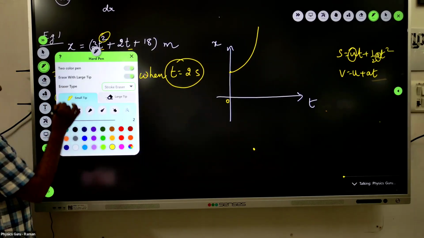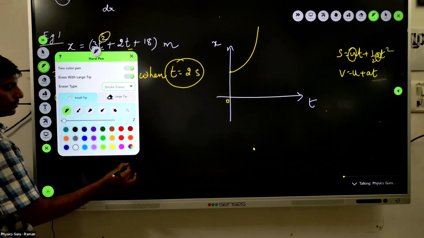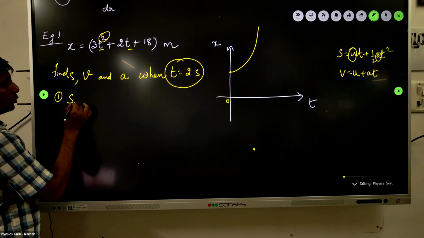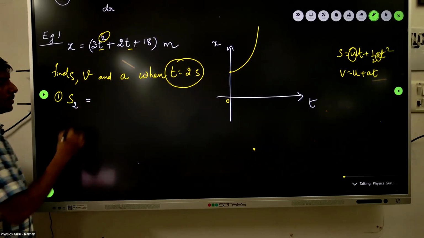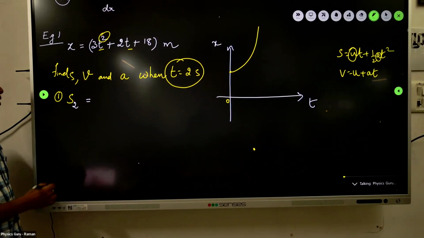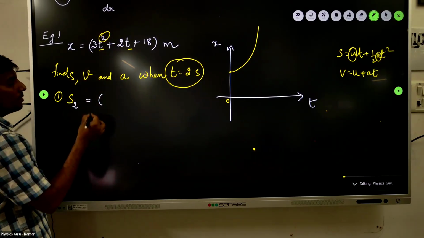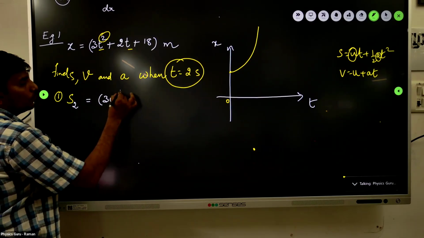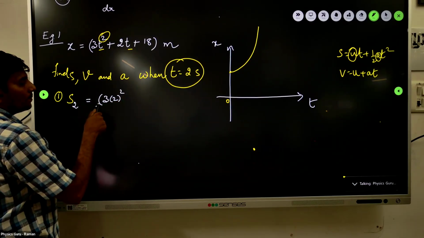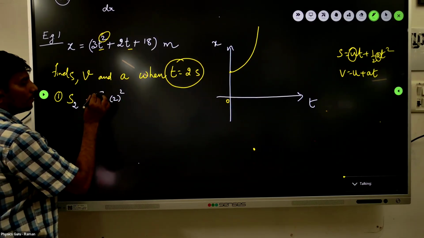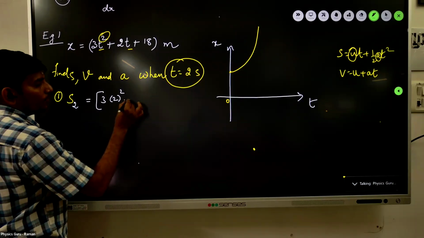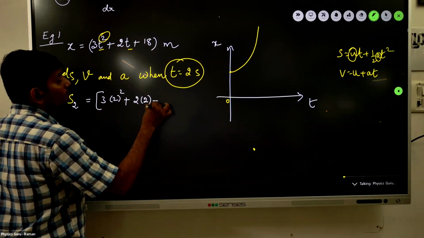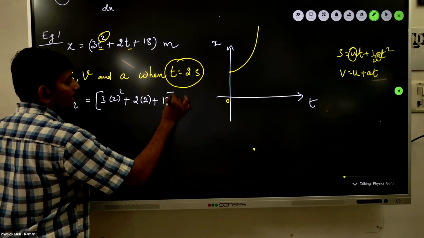Displacement at 2 seconds. Shall we calculate, sir? So in this entire equation, I am going to substitute t = 2: 3 into 2 squared plus 2 into 2 plus 18.